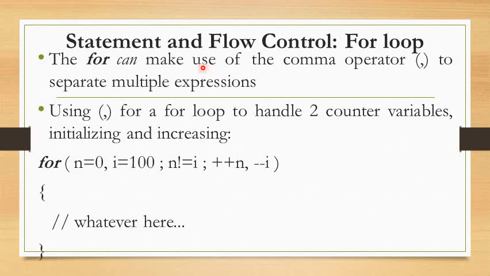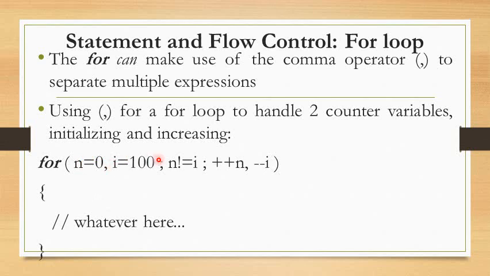The for loop can make use of the comma operator to separate multiple expressions, using a comma in a for loop to handle two counter variables, initializing and increasing. That's the good part of looping, more especially the for loop. If you look at it: for n equal to 0, i equal to 100. We have two initializations, two counter variables.